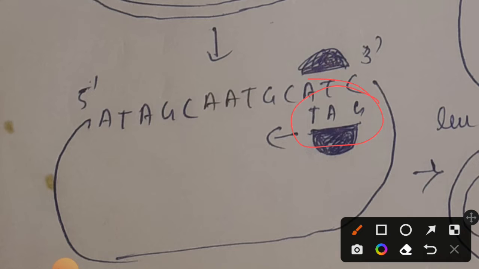For that reason we have to provide a primer. So the DNA sequence information must be known to us, otherwise there is no utility of site directed mutagenesis. You cannot do site directed mutagenesis unless you know your sequence very well.